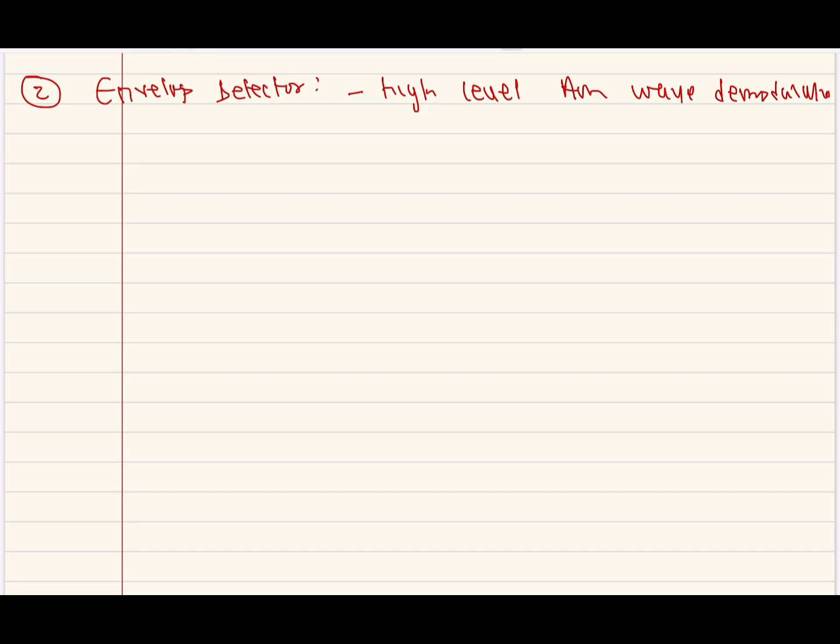For this one, instead of passing M of t plus C of t as the input, we pass the same thing, S of t, as an input, which is our modulated signal. Here you can see that I was using the nonlinear device, but we don't use that. What we use is the diode.